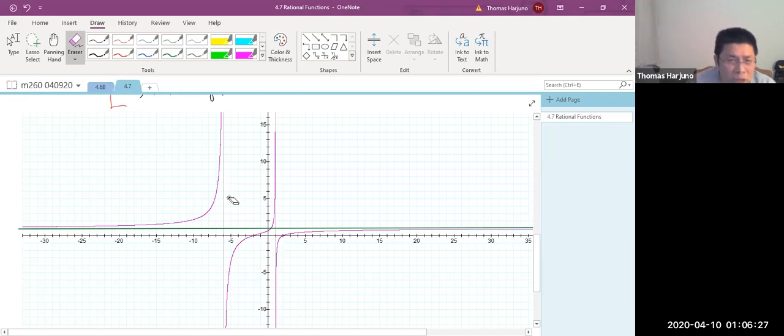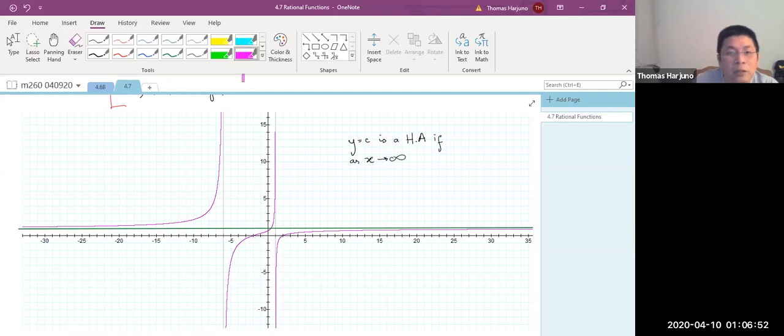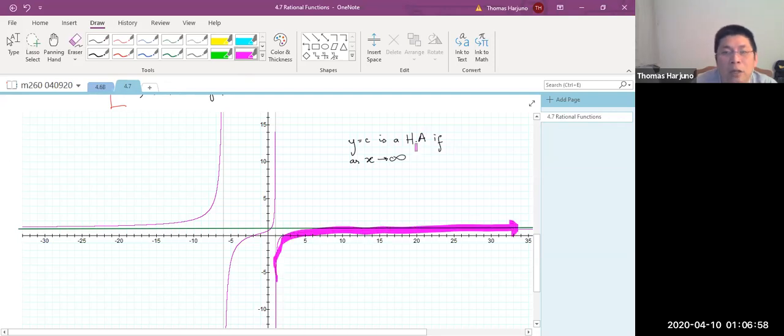You can say y equals c is a horizontal asymptote if, as x goes to positive infinity, the y is approaching that value c.